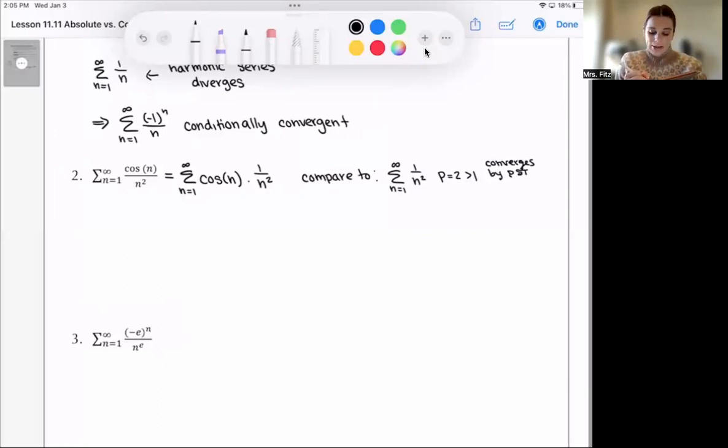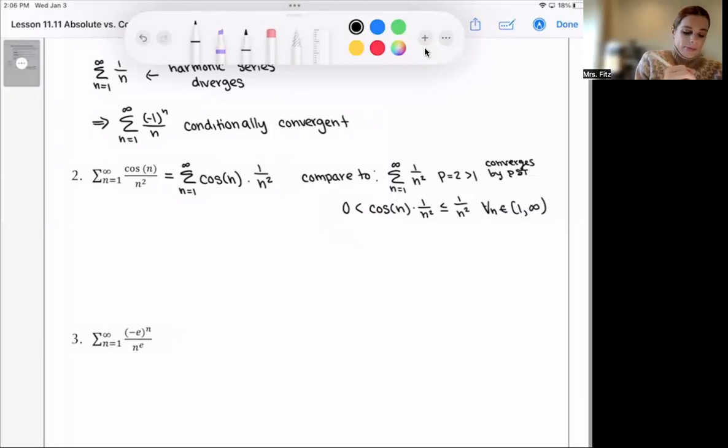All we need to prove this would be to say that 0 is less than cosine of n times 1 over n squared, which is less than or equal to 1 over n squared, for all n from 1 to infinity. And then we can say that this original series converges.